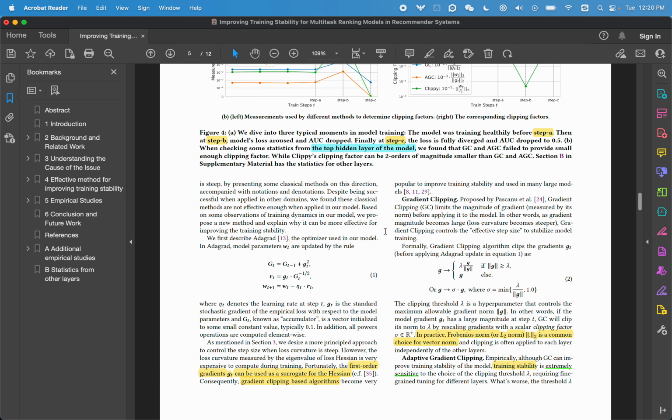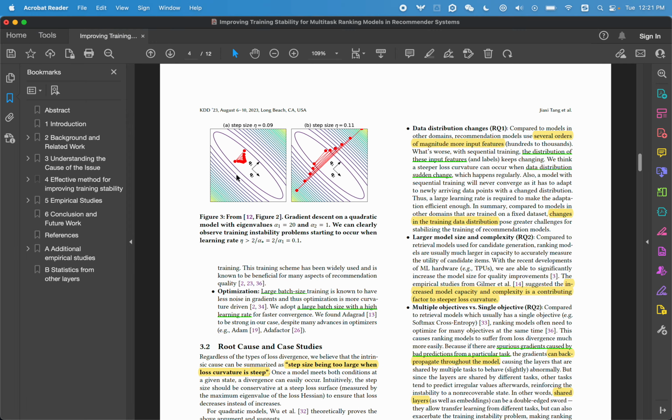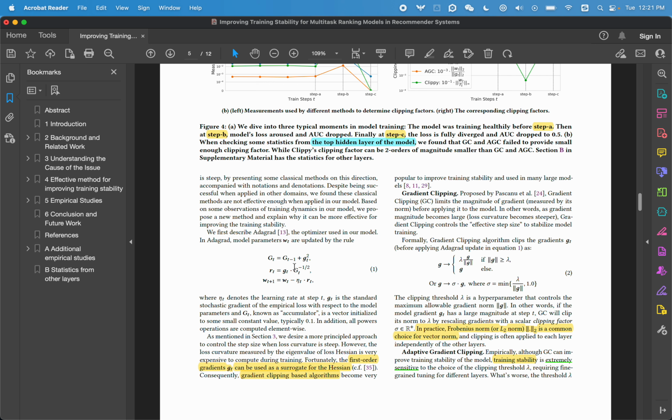It did experiments using AdaGrad, which is defined here. When you have this sort of thing, you scale the update back by the cumulative gradients.